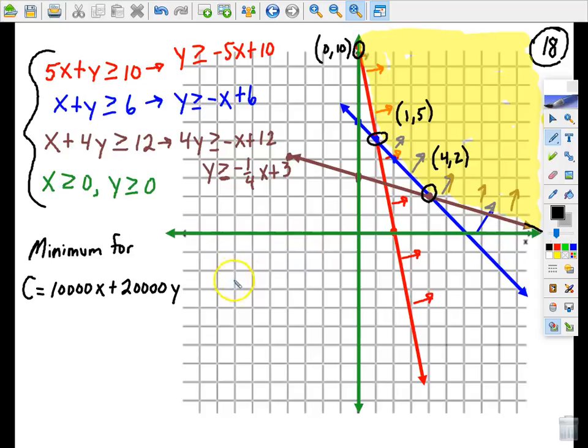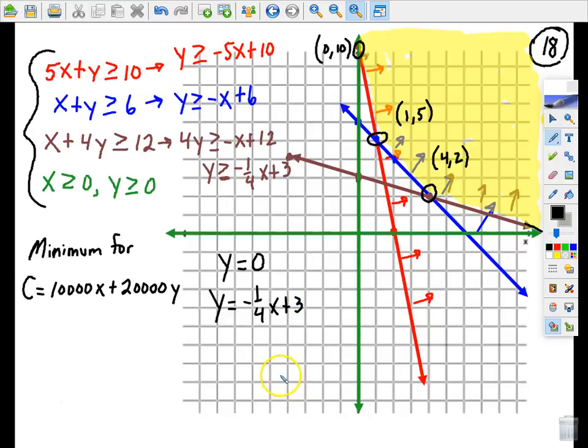Okay. Again, look at the equation for the two lines that are going to cross each other. Well, this one's easy. This line here is the line y equals 0. The other line that's going to run into it is this line that says y equals -1/4 x plus 3.